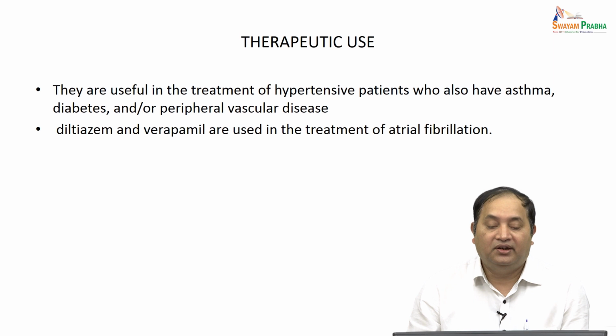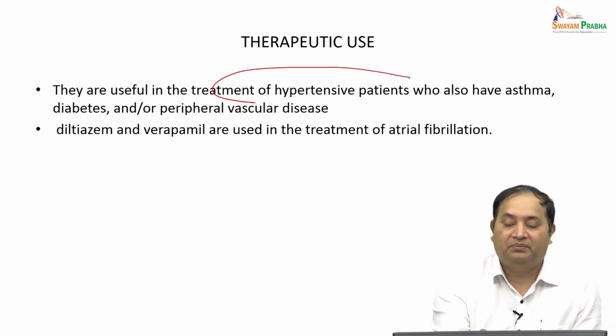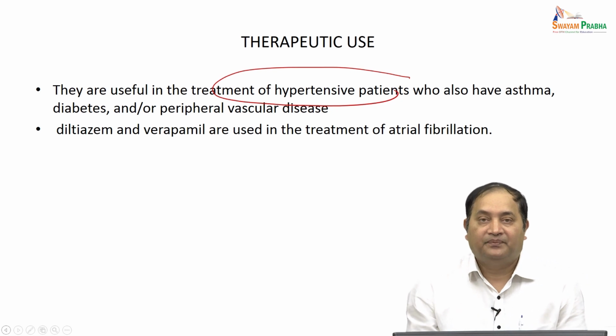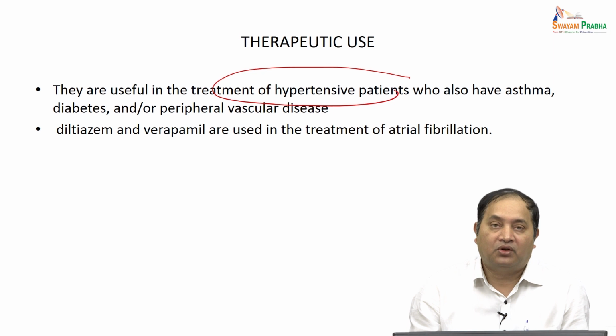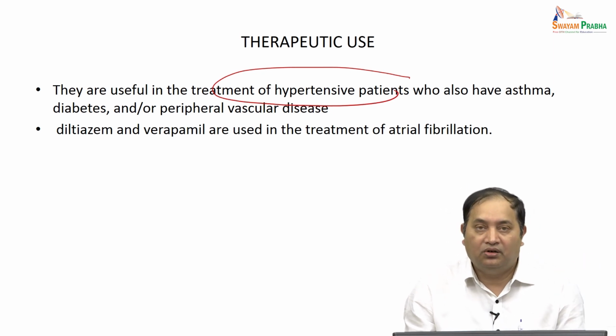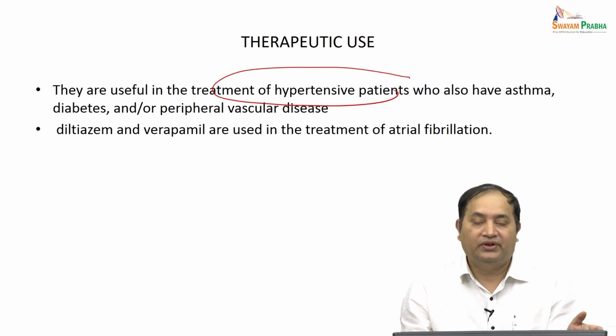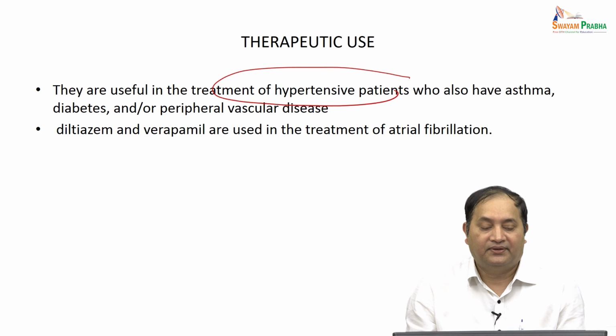They are therapeutically useful in the treatment of hypertensive patients, especially those with hypertension and bronchial asthma, where beta blockers are contraindicated, or also in hypertension with peripheral artery disease.